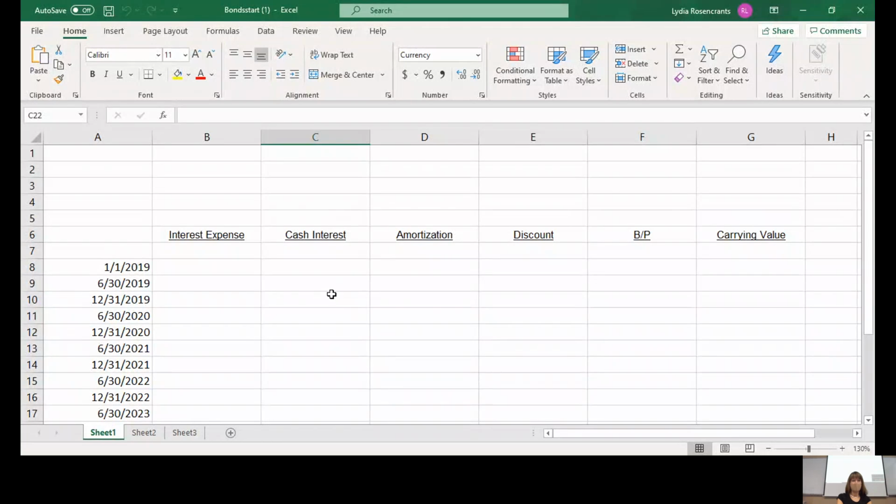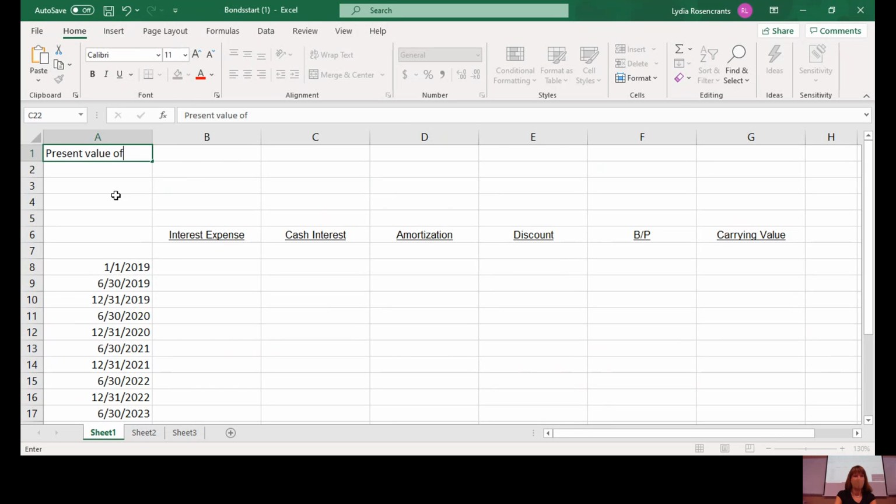Okay. All right, so up here, I don't have it very formally on my spreadsheet, but I'll try to be more formal here. Let's do this as cash paid for principal. No, actually, sorry, let's change that. Let's make this present value of bond principal.